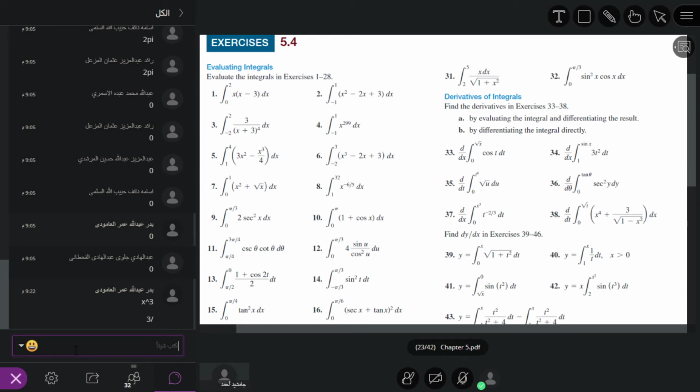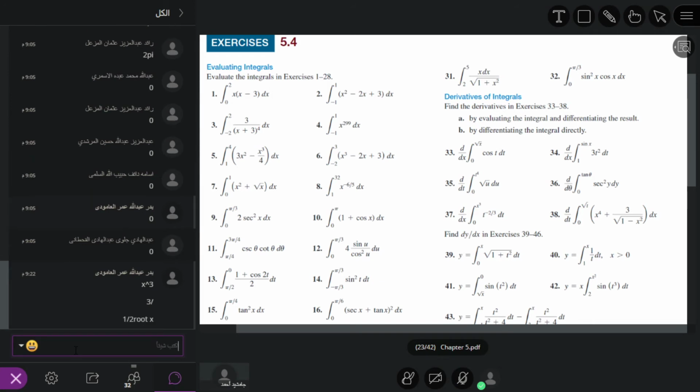Now what is the value of the square root? The square root is equal to the power 1 by 2. Yes, 1 by 2. The square root of x means x power 1 over 2.